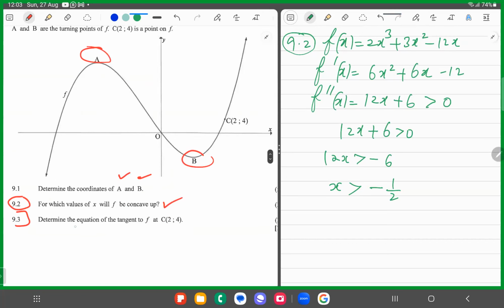Which values of x? So it will be concave up for the values of x bigger than what? Strictly bigger than minus 1/2. So now let's look at the next question.